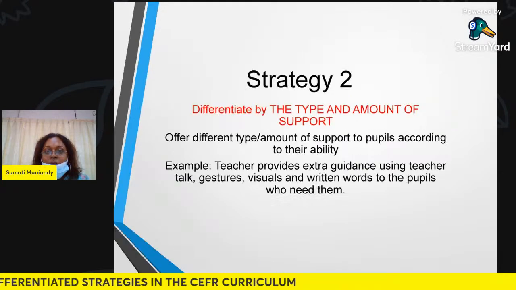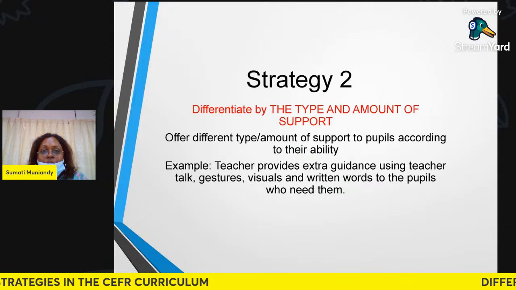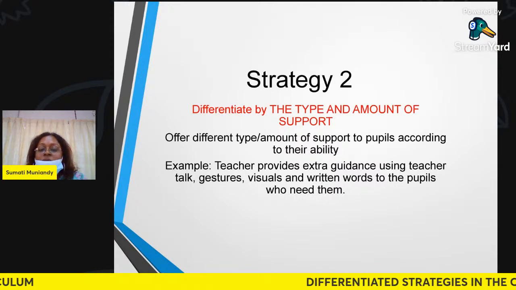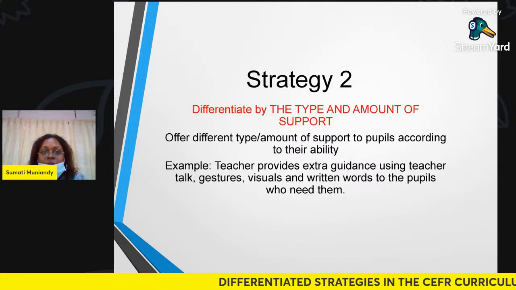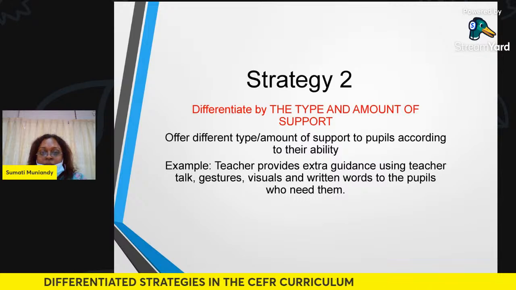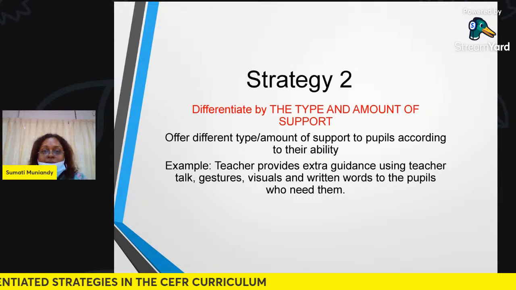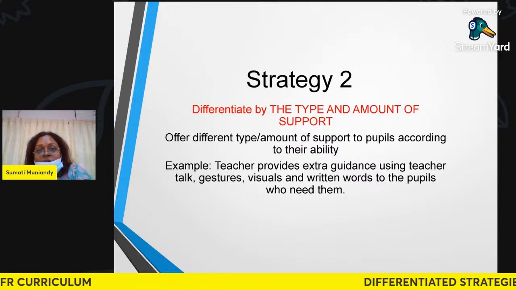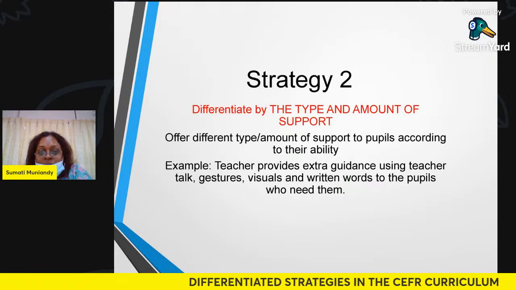Strategy two: differentiate by type and amount of support. Some students in the classroom need support. Offer different types and amounts of support to pupils according to their ability. For example, the teacher provides extra guidance using teacher talk, gestures, visuals, and written work. This is where your teaching aids come in.